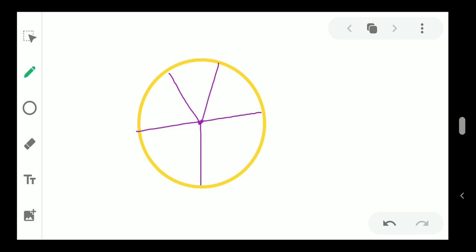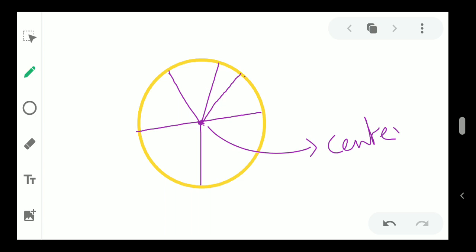So any point you take on your circle, the distance from the center will be the same. The center is that point from which the distance to the boundary of the circle is the same. This point is called your center.